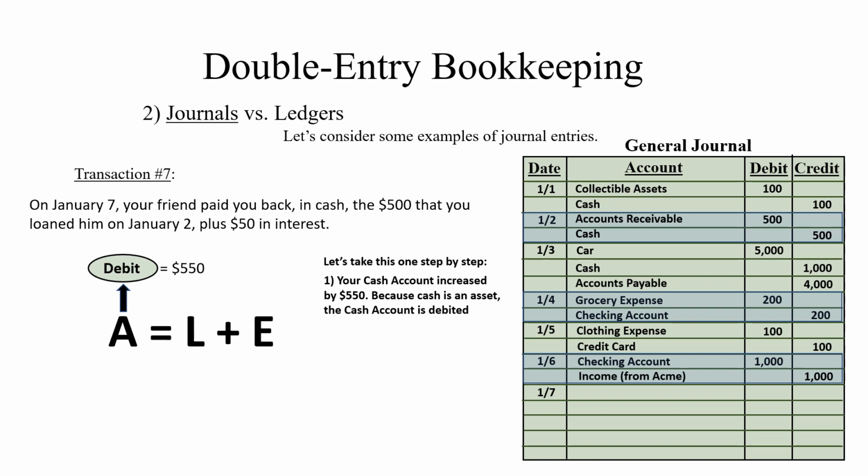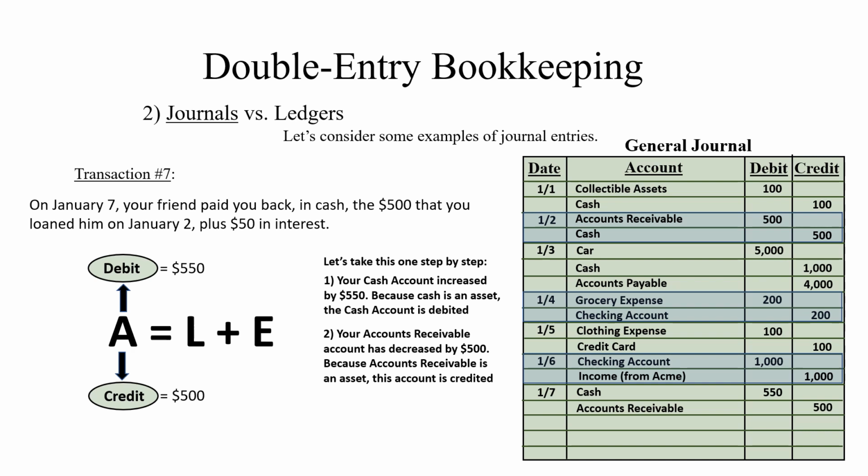Your cash account increased by $550. Because cash is an asset, the cash account is debited. There's the debit of $550. But because he paid you back, your accounts receivable account has decreased by $500. Because accounts receivable is an asset, this account is credited. A decrease in an asset, recall, is recorded as a credit.